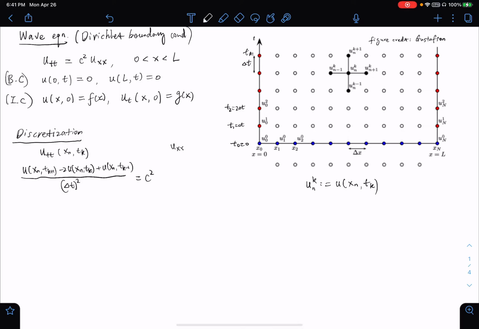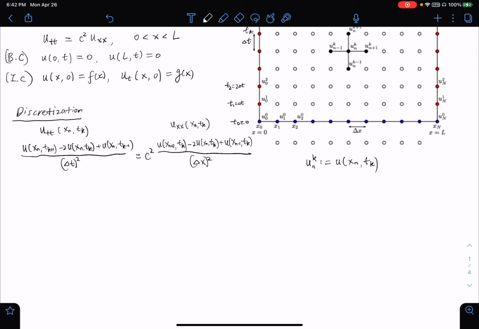c times u_xx also at the point xn, tk. We have u at xn plus 1, fixing tk, minus 2u at xn, tk plus u at xn minus 1, still at time step tk, divided by delta x squared.